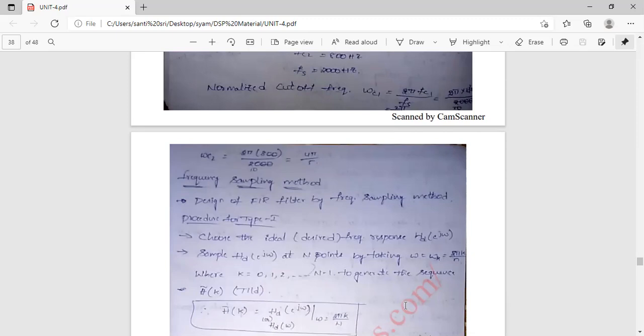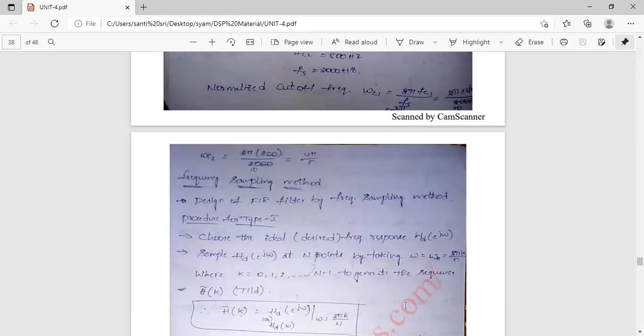Next one is frequency sampling method. Design of FIR filter by frequency sampling method, procedure for type 1.